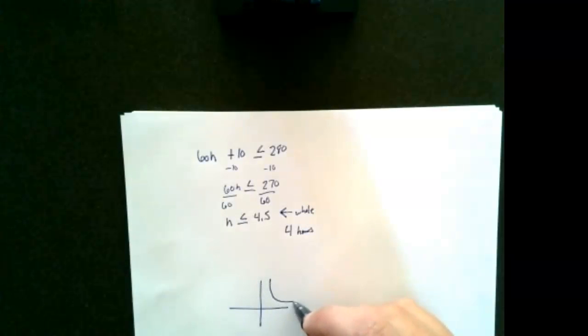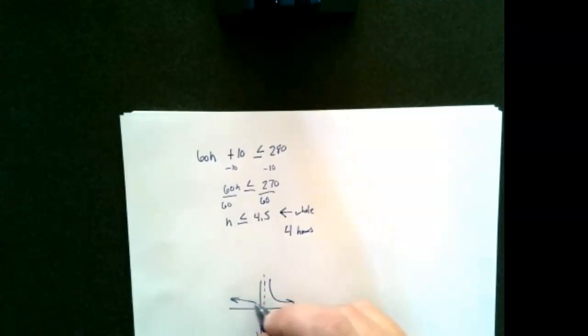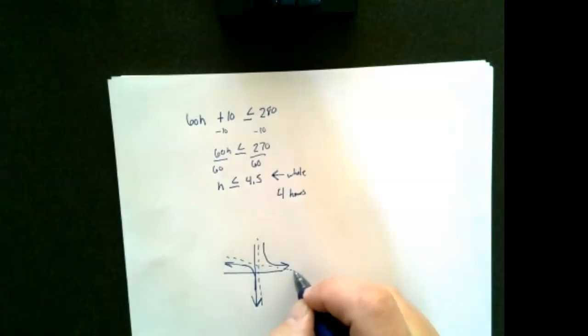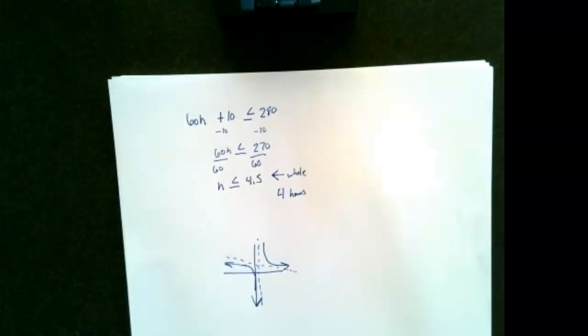So if we had this function with an infinite discontinuity right there, you would have a vertical asymptote right there, and you would have a horizontal asymptote that comes across between both of those. Sorry, that's not a very good graph, but your horizontal asymptote would look something like this.